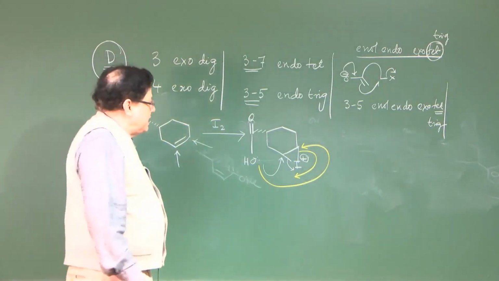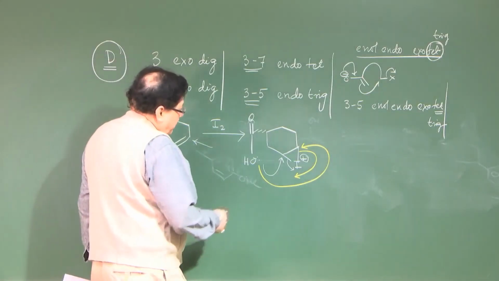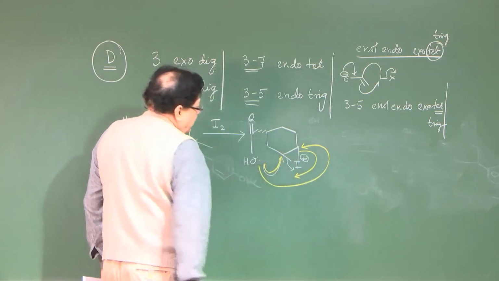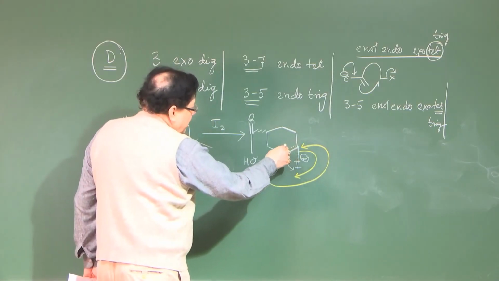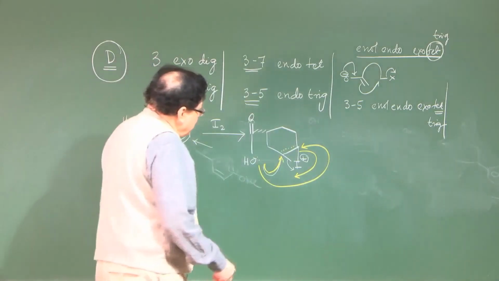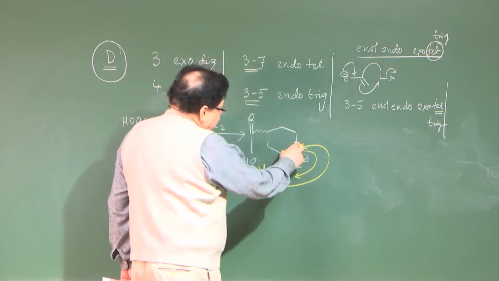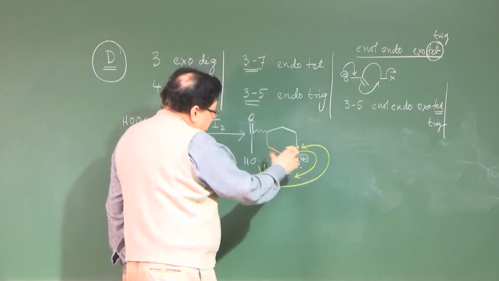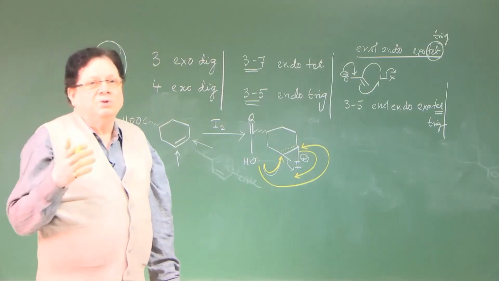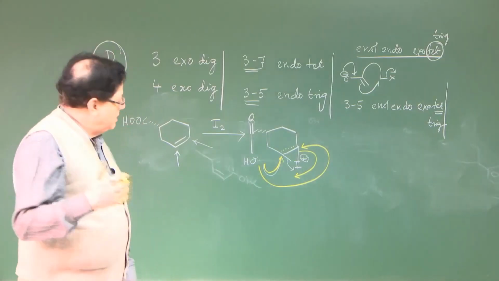So, what I suggested is that when it attacks this carbon and opens up this, think of this as it was originally a double bond. Okay. So, your double bond carbon is basically exo to the ring that is being formed.